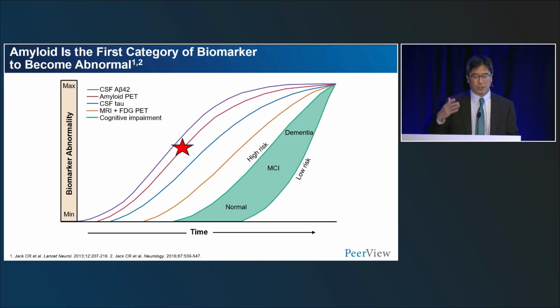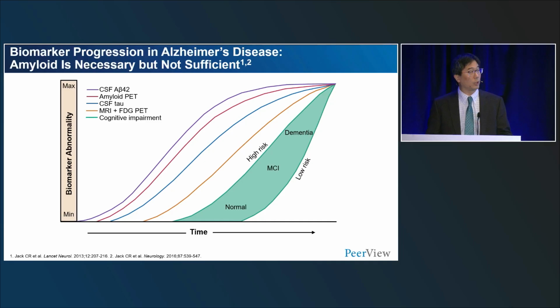Many of you are familiar with this. This is out of the paper by Dr. Jack, where it talks about the cascade of biomarkers from amyloid to tau to neurodegeneration. The take-home point here is that amyloid is the first category of biomarker to become abnormal in that critical cascade. The corollary to that is that amyloid is necessary but not sufficient.